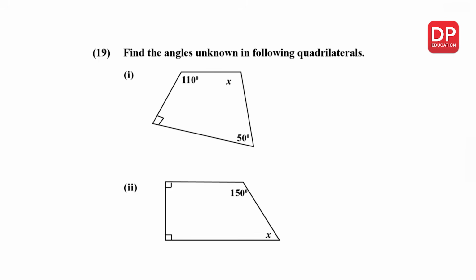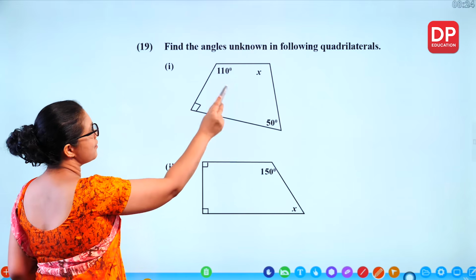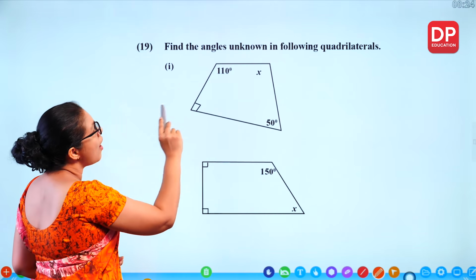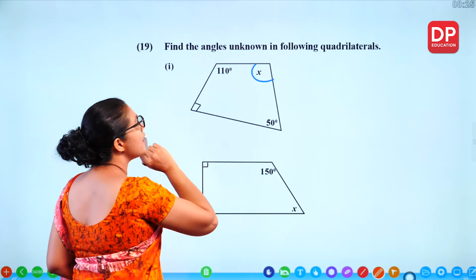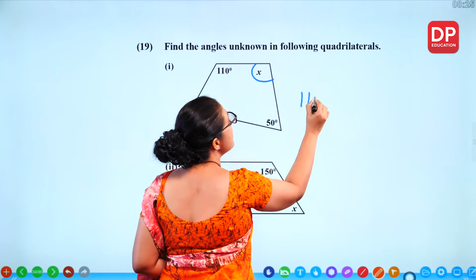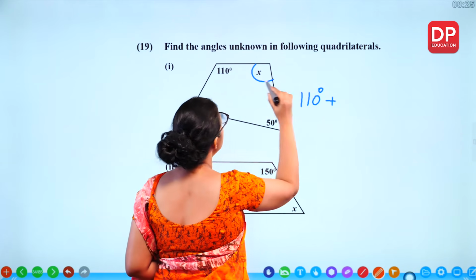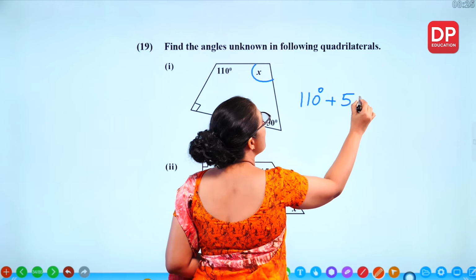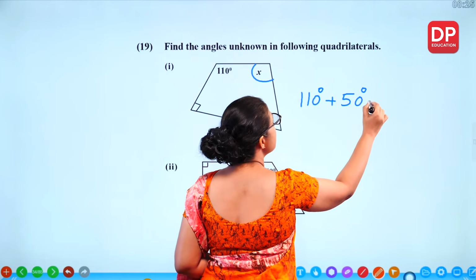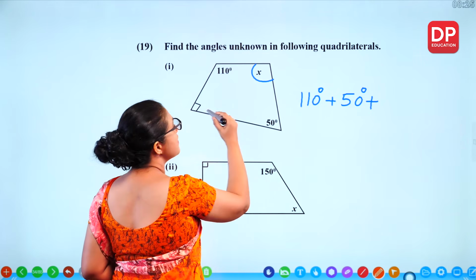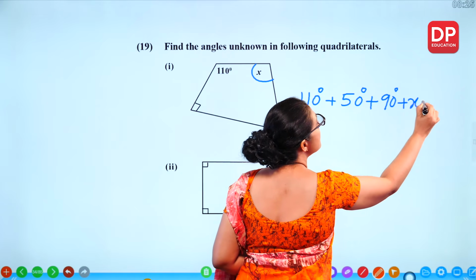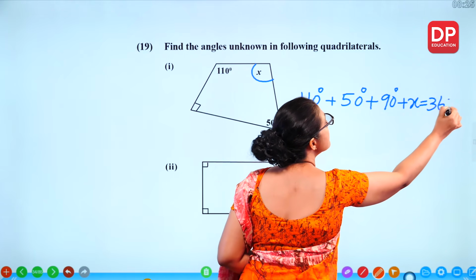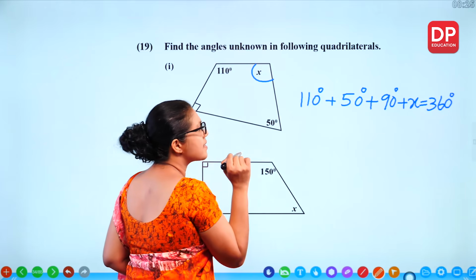Now we'll use that to find unknown angles. So this is a quadrilateral, a four-sided figure, and you are asked to find this angle x. So what can you write? We know that the sum of the angles adds up to 360. So this is 90 degrees. 90 plus x is 360. Now we can find x.